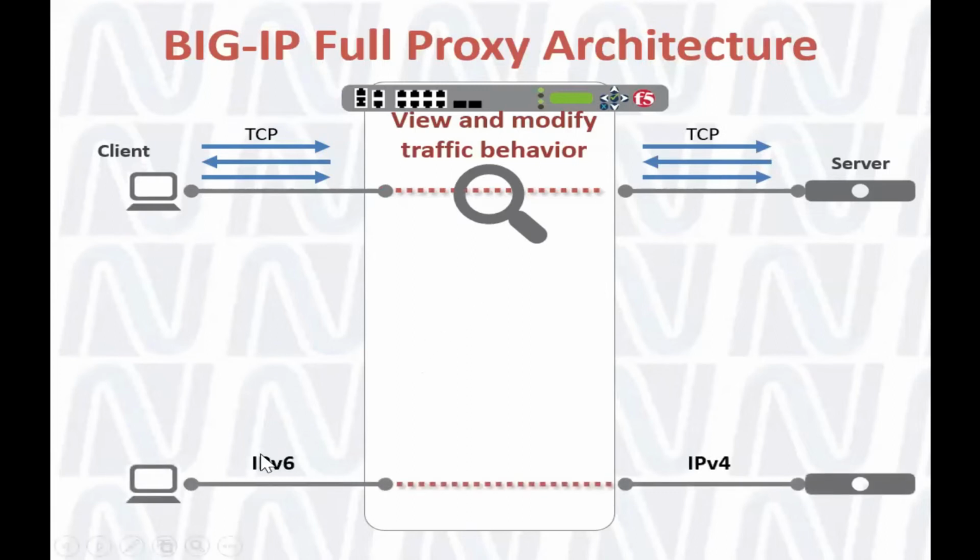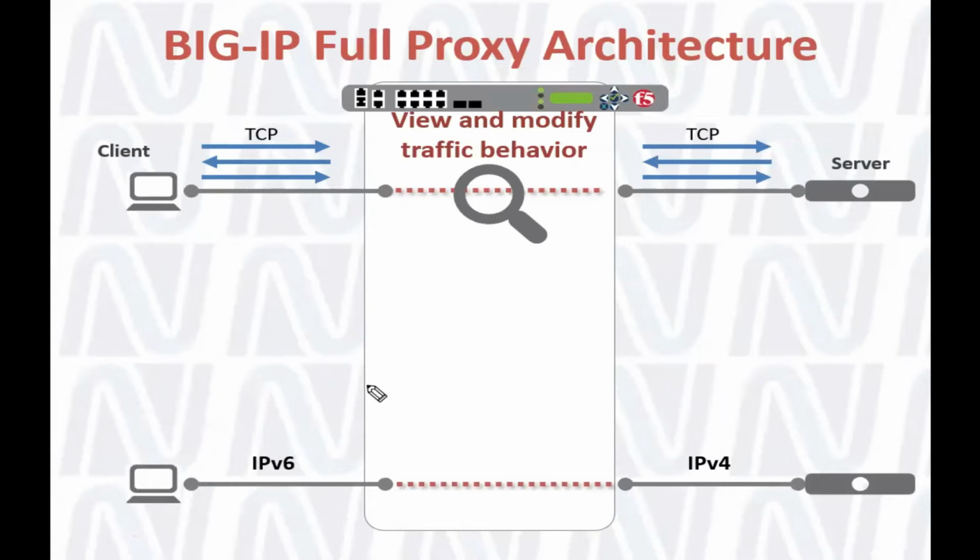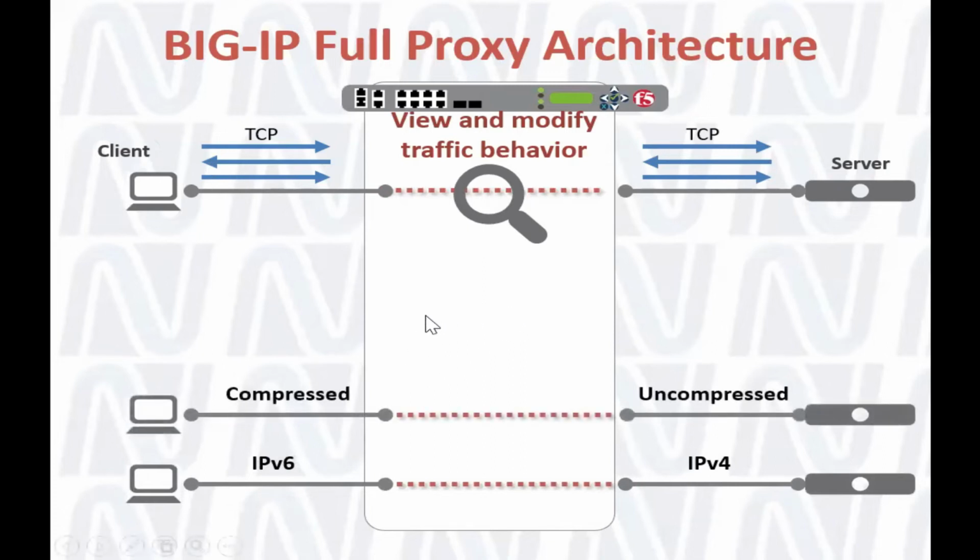Now, let us say your servers are very new, supporting IPv6, or your servers are not new and only support IPv4. One side you can have IPv6, one side you can have IPv4. Or if both sides are IPv6 or IPv4, that is perfectly fine. It means your full proxy architecture gives you such functionality. Then, if you are using the compression profile towards the internet, you can use that.